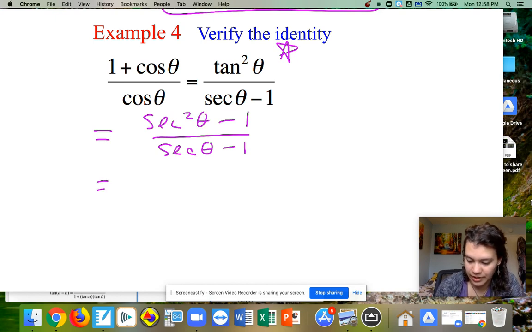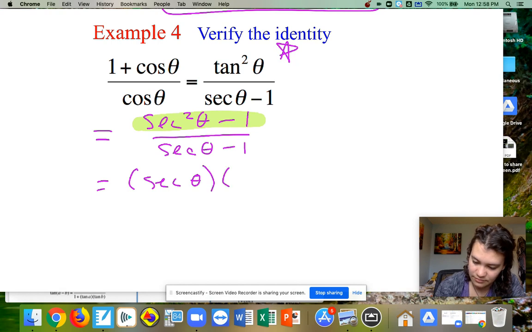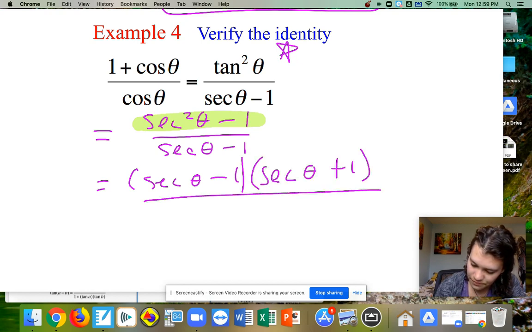So then at this point here, we have a difference of perfect squares. So you could factor this out and get secant of theta plus 1, and then secant of theta minus 1. And then here this will cancel with this. We get secant of theta plus 1.